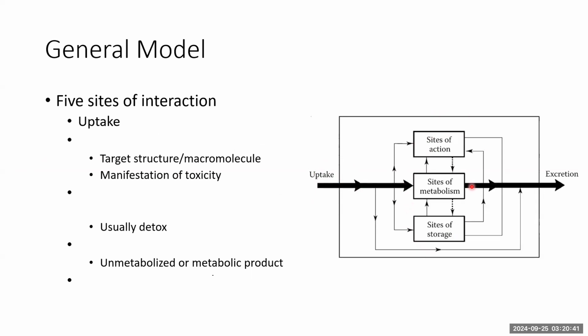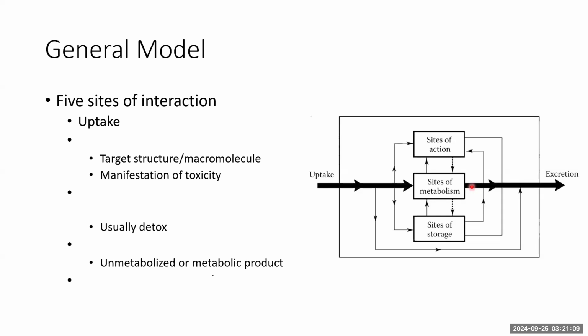I've presented them as sequential because I have to, because time works in a linear fashion, so I have to talk about something first and then second and then third. But within any organism, it is not the case that action must happen first, metabolism second, storage third. We can go straight to metabolism, straight to storage, or straight to action. We can do these things in any order, but I have to talk about them in some order, because that's how time works.